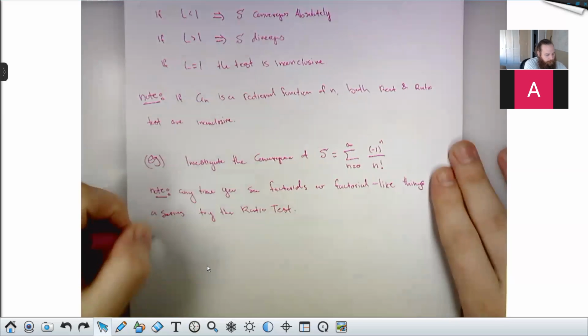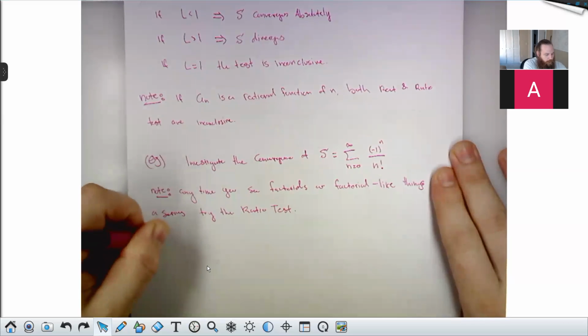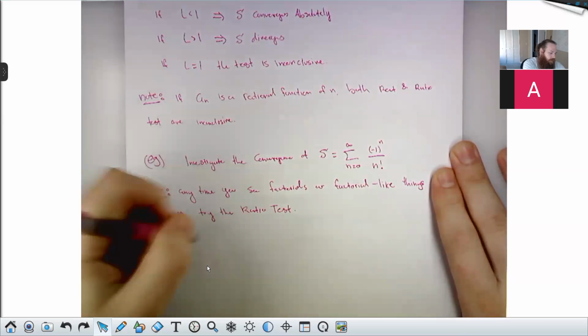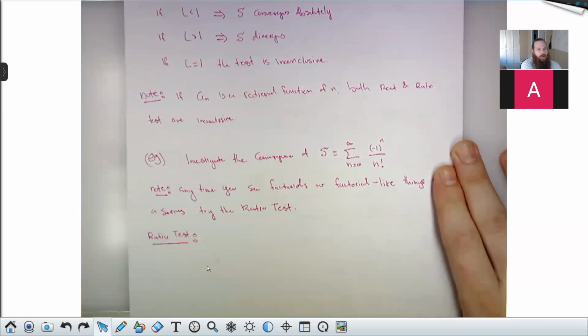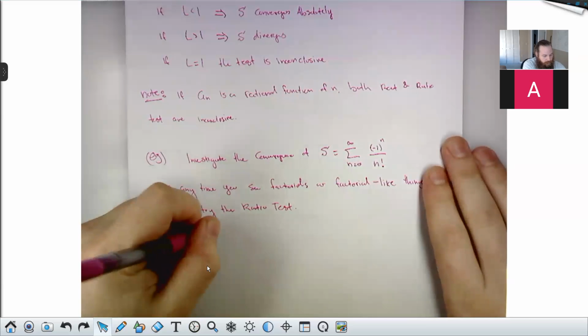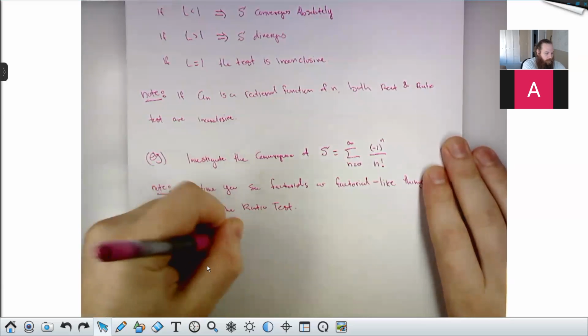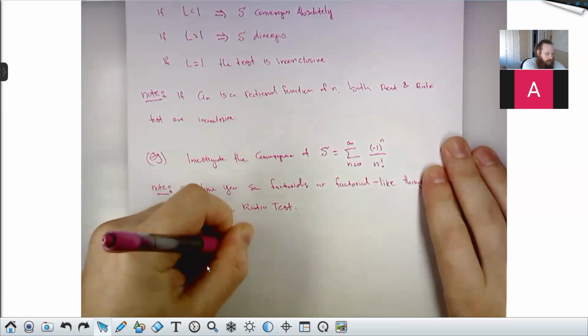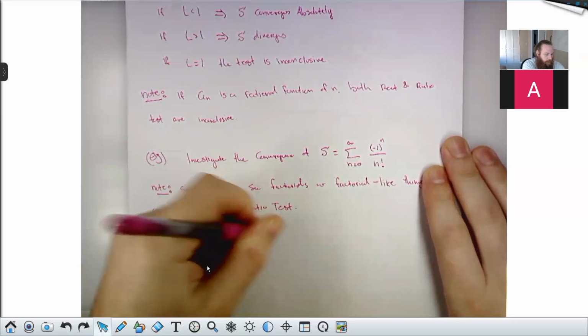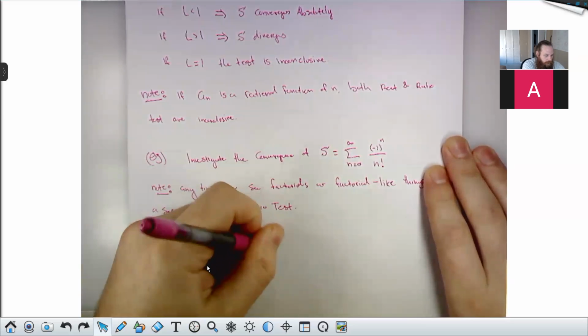So let's do it. I'm going to run the ratio test. So we tell our reader, just like we always do before using one of these tests, we write down the name of the test we're using. And then we write down the recipe. This says L should be the limit as n goes to infinity of the absolute value of a_(n+1) divided by a_n.